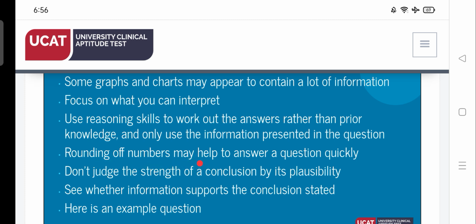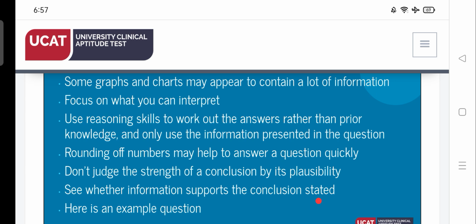Rounding of numbers may help to answer a question quickly. Don't judge the strength of a conclusion by its plausibility. See whether information supports the conclusion stated.